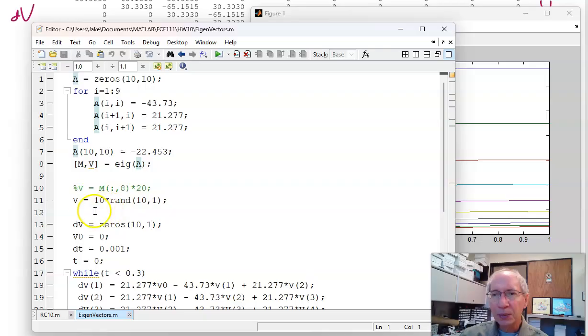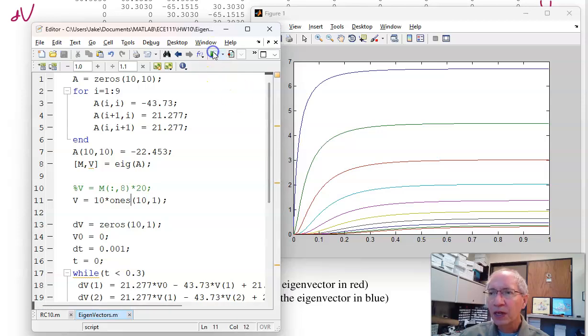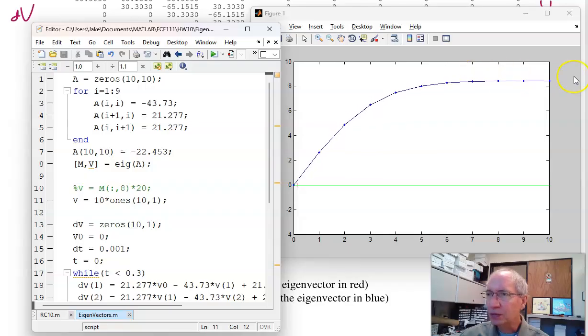Let's make the input forcing function 0 and give it some initial condition. Like, let's make the initial condition all ones. If I plot the response, it starts out at 10 volts, and then the voltage drops.